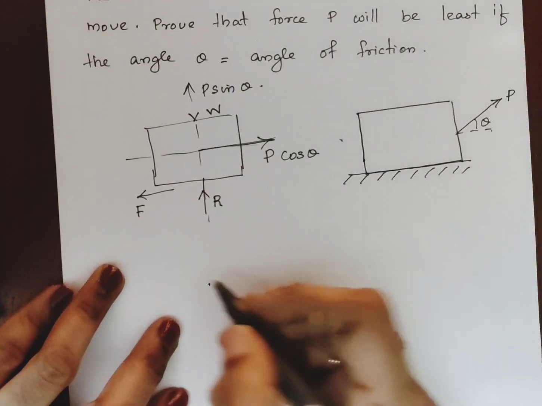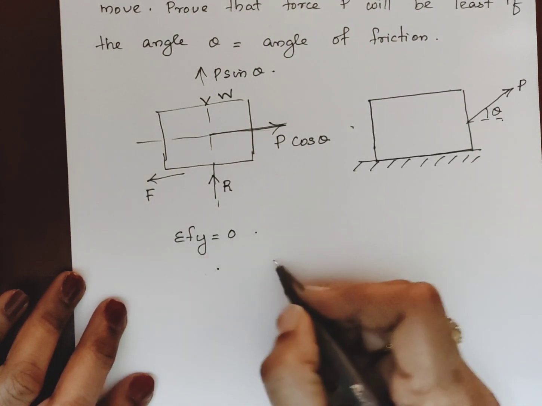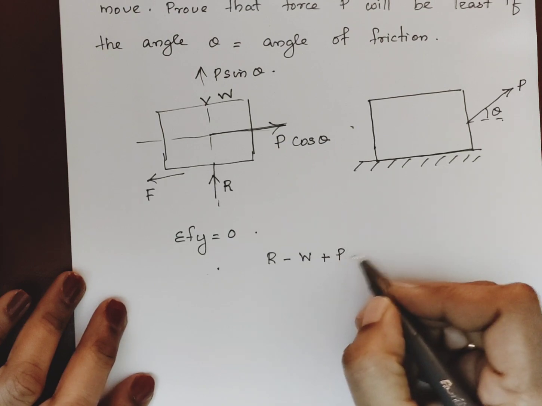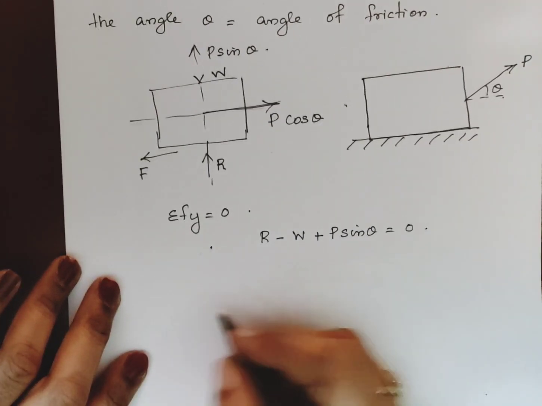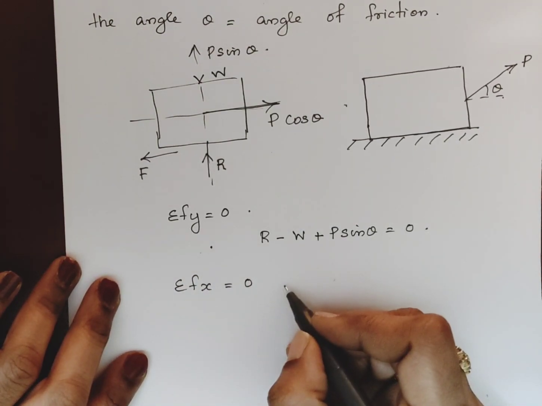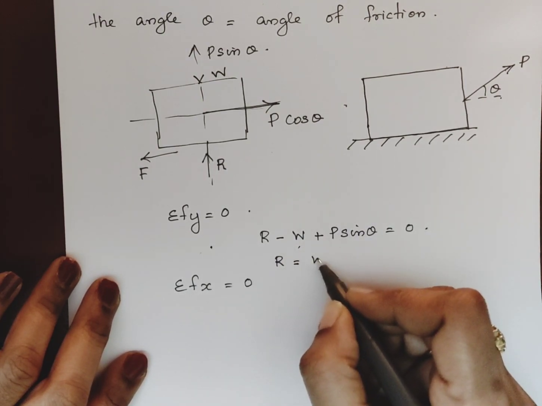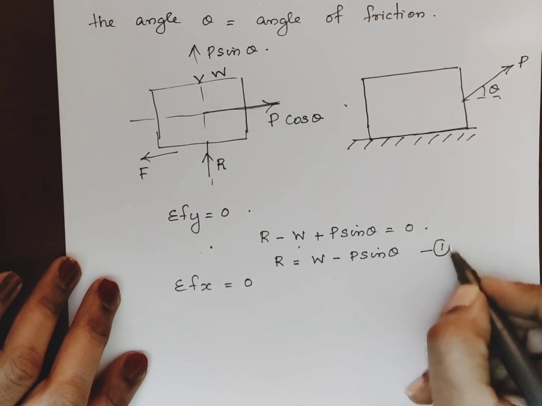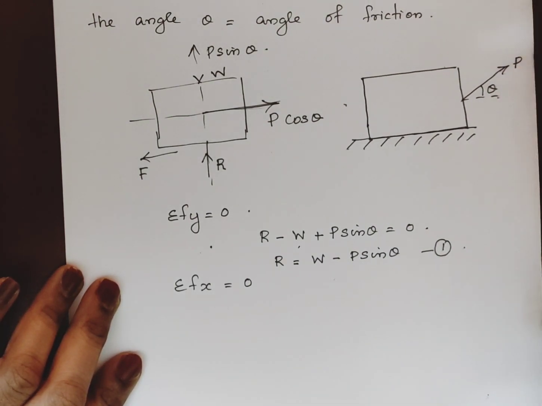So now you have to use the first equation, sigma Fy is equal to 0. So capital R minus W plus P sin theta is equal to 0. So from the first equation you can write R is equal to W minus P sin theta. That is your first equation. Second equation is sigma Fx is equal to 0.